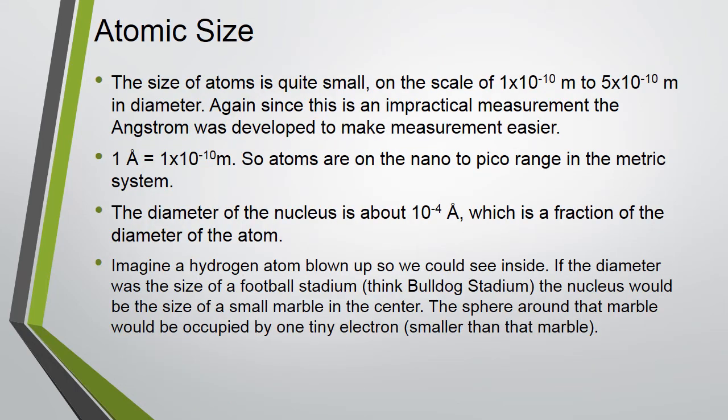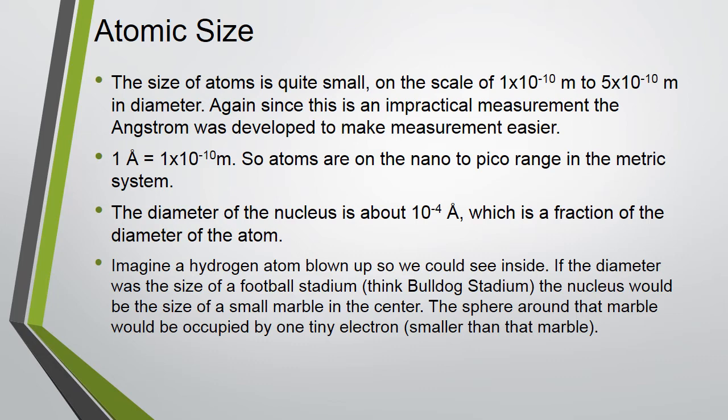Right, atomic size. So talking about the diameter, the size of the atom, we have some ways of measuring it. The size of an atom is quite small, on the scale of 1 times 10 to the negative 10 meters to 5 times 10 to the negative 10 meters in diameter. So really it's, again, an impractical measurement.